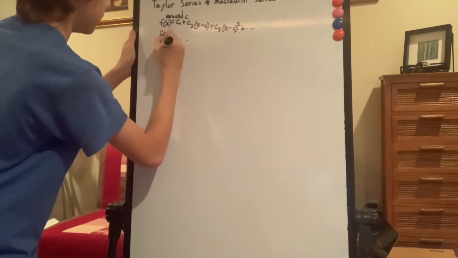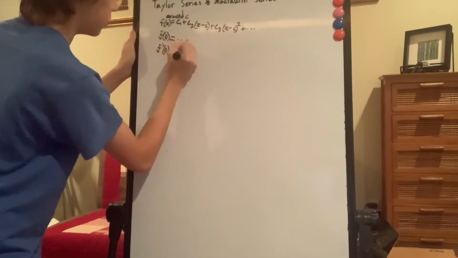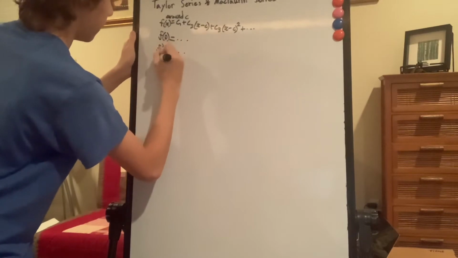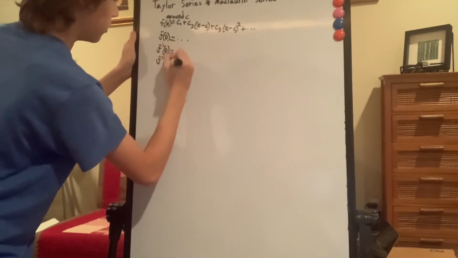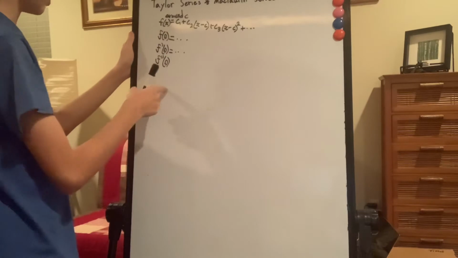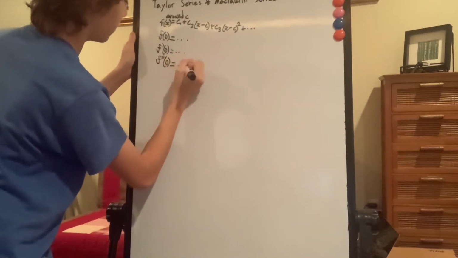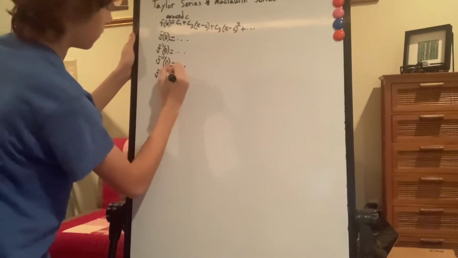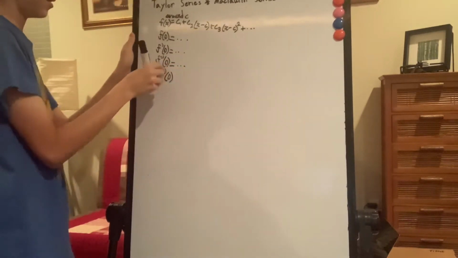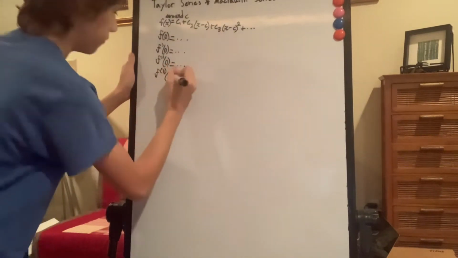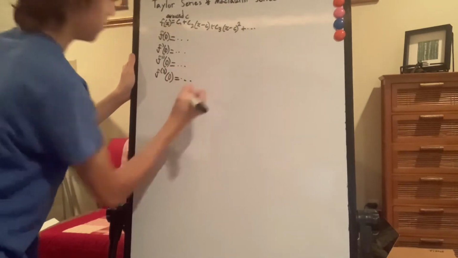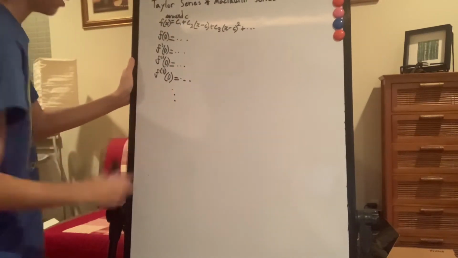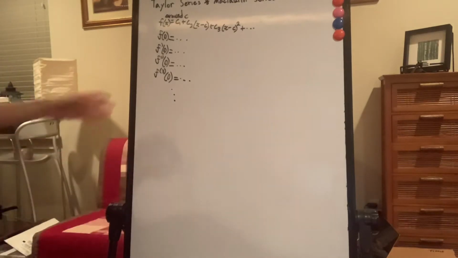And we also need f prime of 0 to equal blah blah blah, and f double prime at 0 to equal blah blah blah. And for notation we use this here, the third derivative at 0 equals blah blah blah, of course. So that's the idea here.